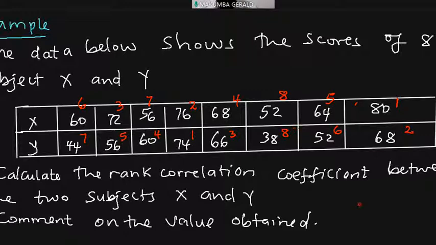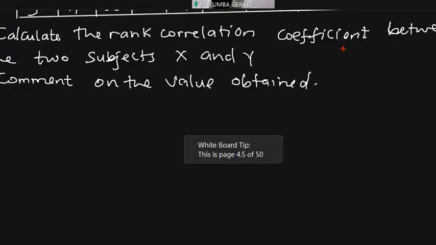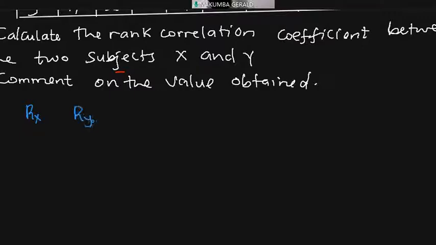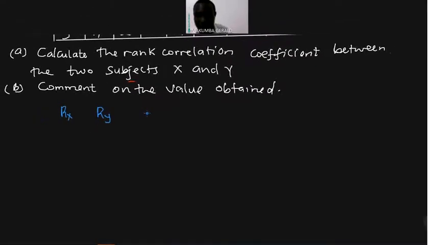Now let's go ahead and rank them. From here, please note this table down as we move down. So I'm going to have a rank of X. Then I have D, because we say that D is the difference in the ranks.